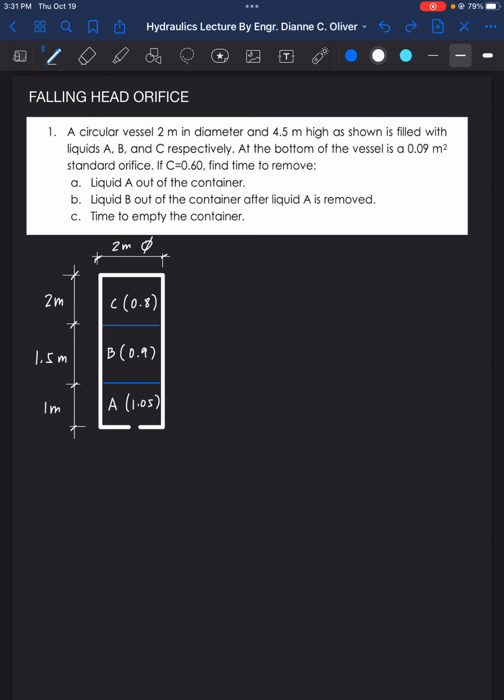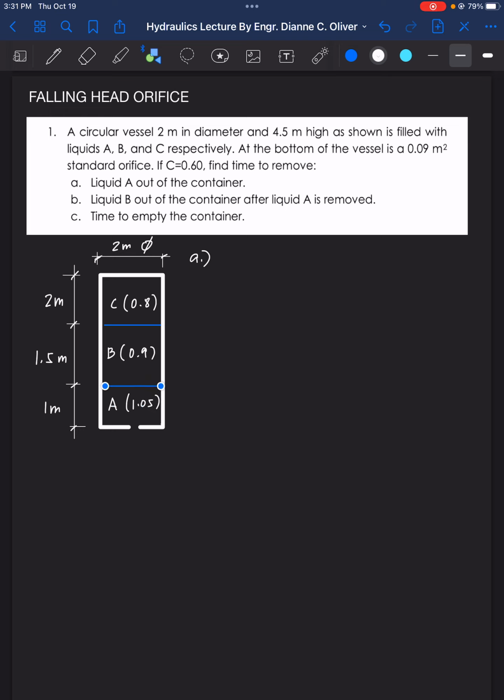So our formula for time T, given a uniform area, wherein as the fluid goes down here, the surface area does not change.